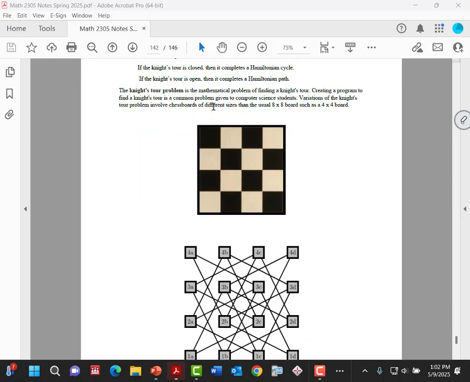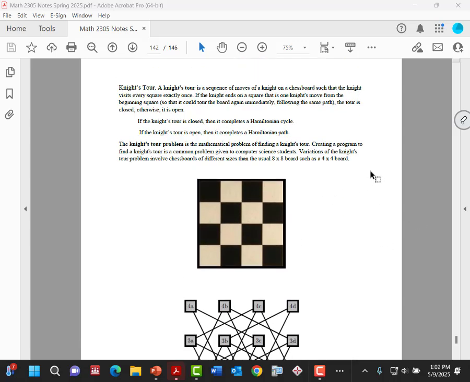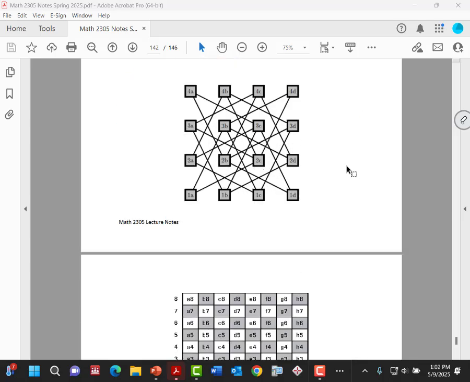There's the Knight's Tour problem that you might have to program in a computer science class. Here's a nice little graph of a 4x4 chessboard, showing the number of squares a knight could move to based upon where it is, for those familiar with how a knight moves in chess.